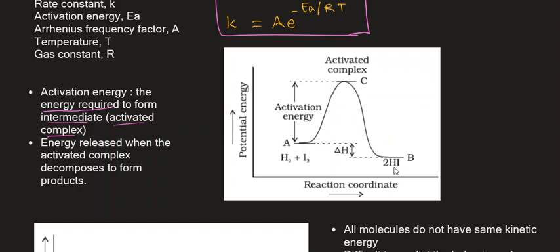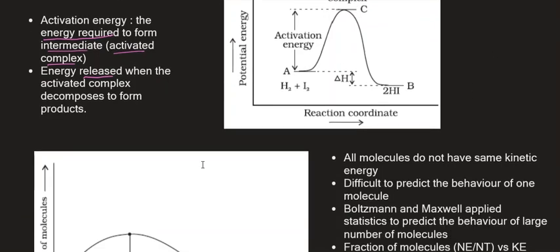That indicates the progress of the reaction. Therefore, the energy is released when the activated complex decomposes, that is, forms the new product, HI. So the potential energy increases at the activated complex stage.